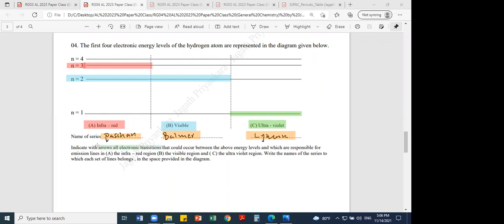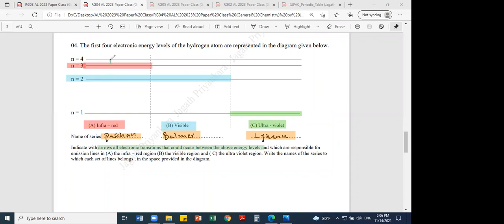You have to indicate all the electron transitions that could occur between the above energy levels, responsible for A, B, C. Okay, I'll start with the infrared, IR or Paschen. There, electron transition occurs from only one level above the third energy level, right? So therefore only one is possible. IR only one is possible because no other energy level above that.